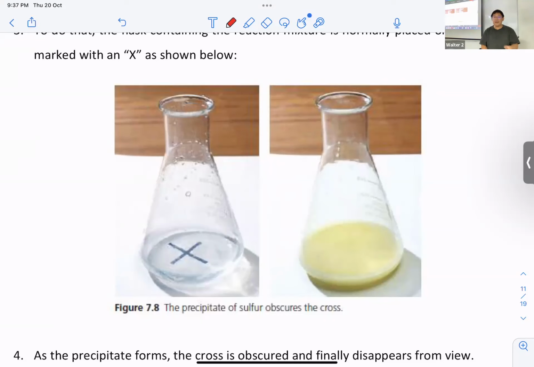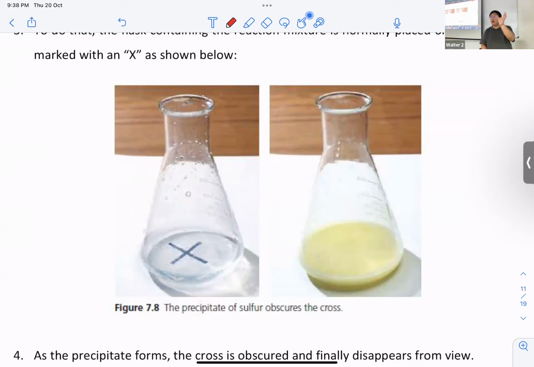Okay, so you can replace the acid of any types. Okay, now, before you start the experiment, you prepare the solution already. Then you have to use an A4 paper or any paper. You're going to use a marker pen to draw an X on the surface.